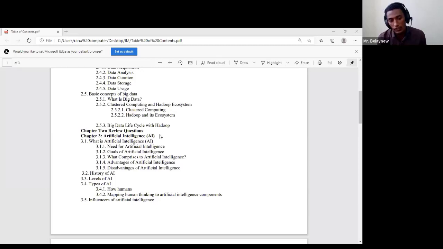Actually, this artificial intelligence has its own advantages and disadvantages. It is mostly used for human language recognition, face recognition, and so on.